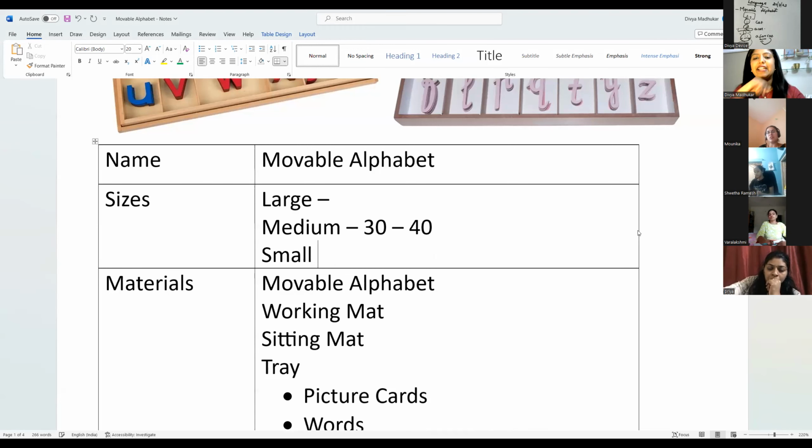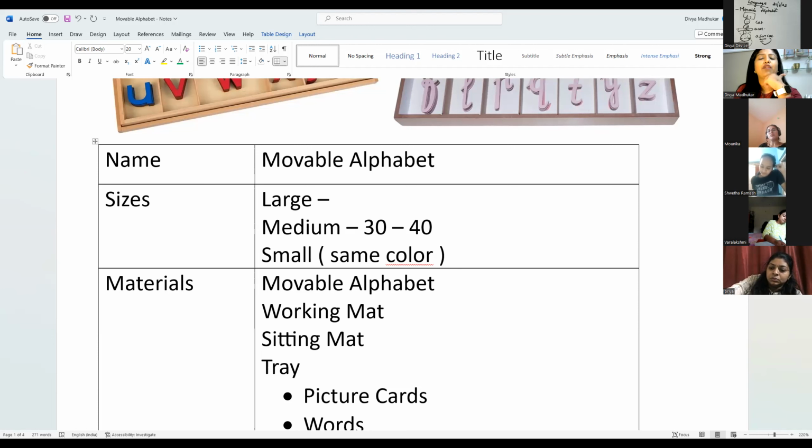Now, the small set is given to slightly older children who have already learned and are very quick in making words. In this small movable alphabet, we will not have vowels in a separate color and consonants in a separate color. Your vowels, your consonants, everything is going to be the same color in the small set, because the child has mastered everything.